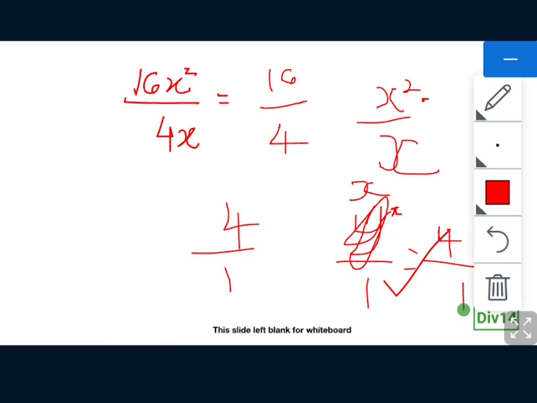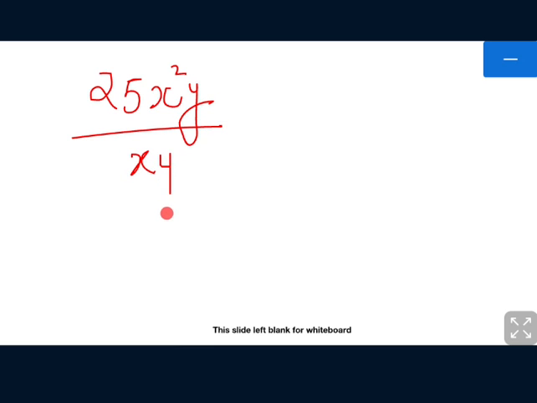Okay, now solve this one. See, you can see here there is a number and two different letters. So you have to separate out. Your voice is echoing.